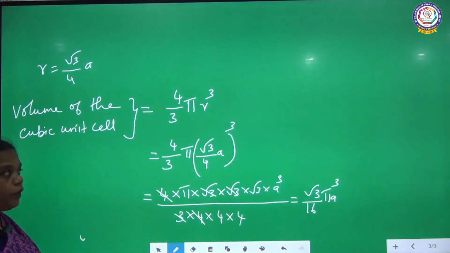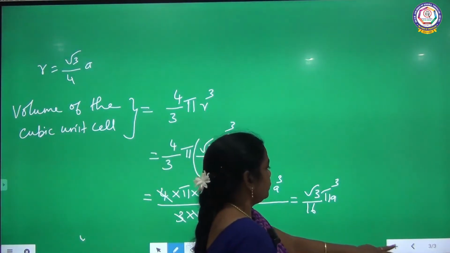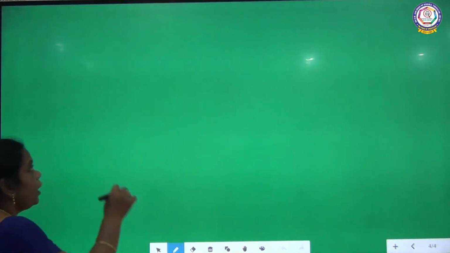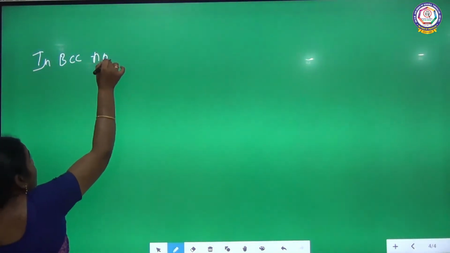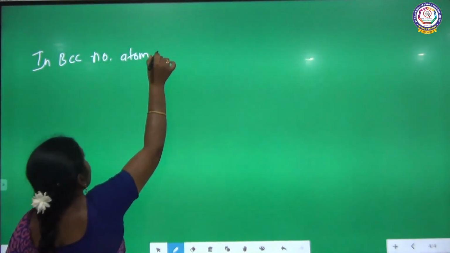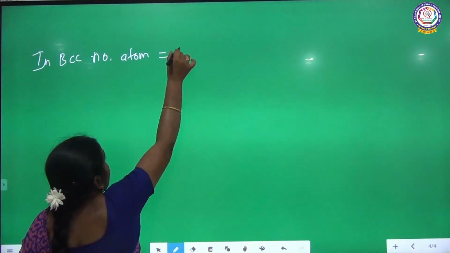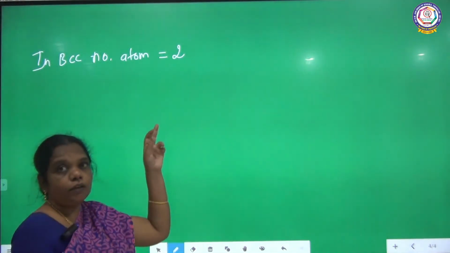Now next we are going to see the packing efficiency. In BCC, the number of atoms or spheres equals 2.